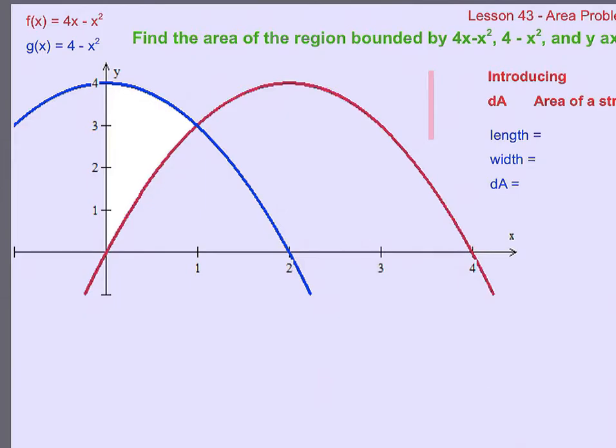Okay. One quick note before we get into the calculus: it is important that you remember your algebra. You are expected to know what 4x minus x squared looks like.